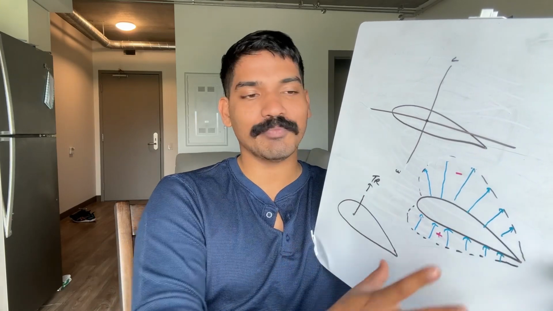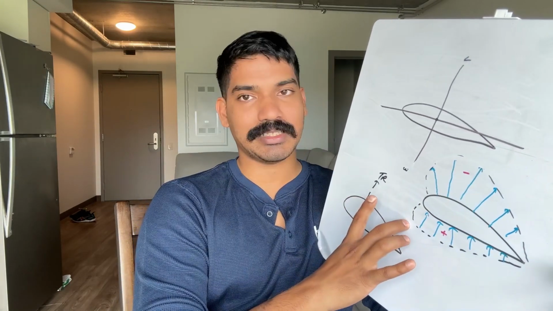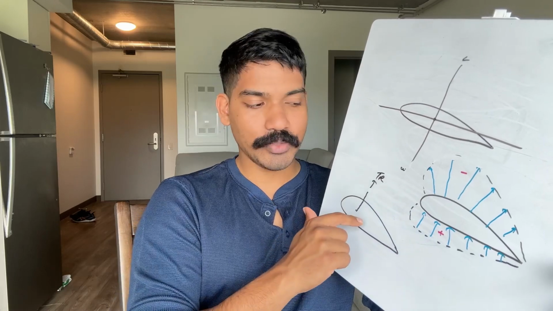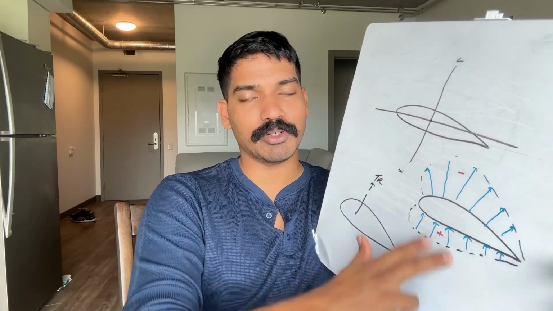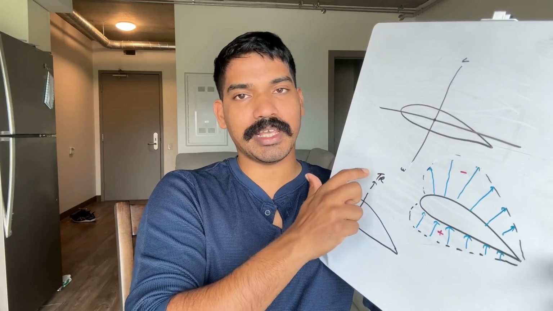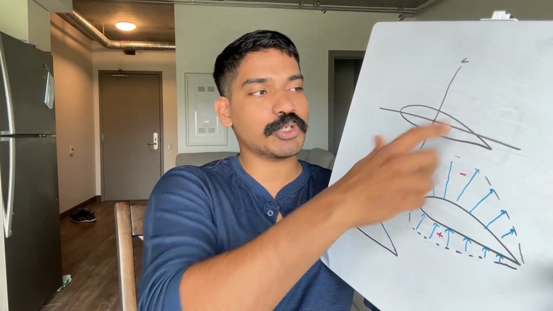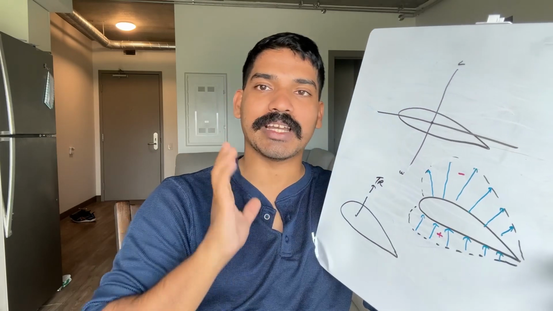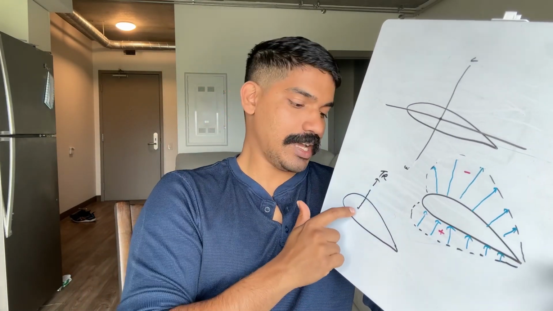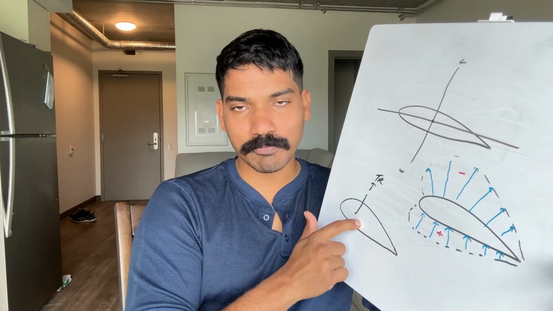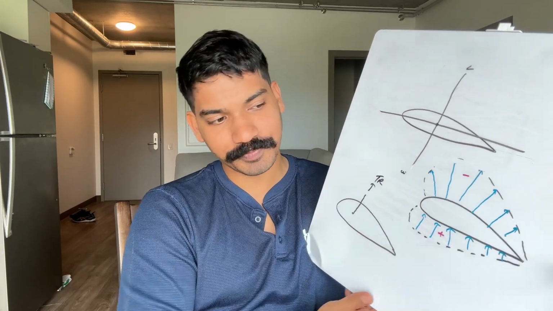So this can be summarized as this diagram, in which the pressure differential, high pressure below and low pressure above, pushes the aircraft upwards, and the sum total of all this has to be an upward push, right? That is your total reaction, and it is going through this point called the center of pressure, right?